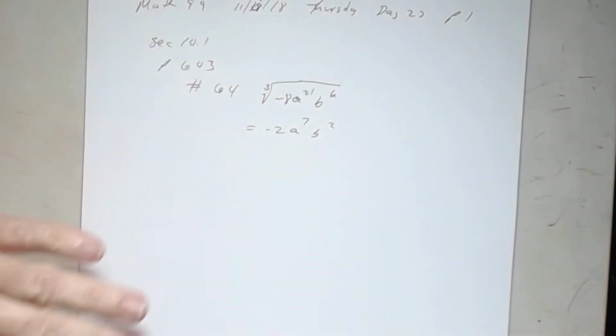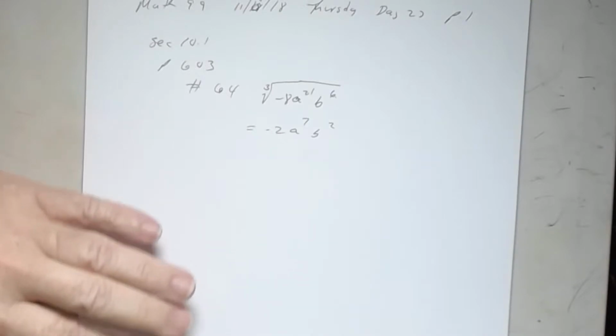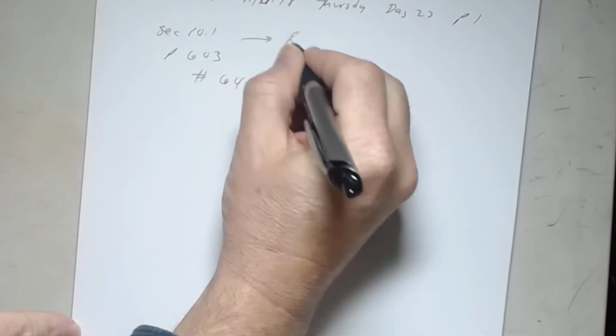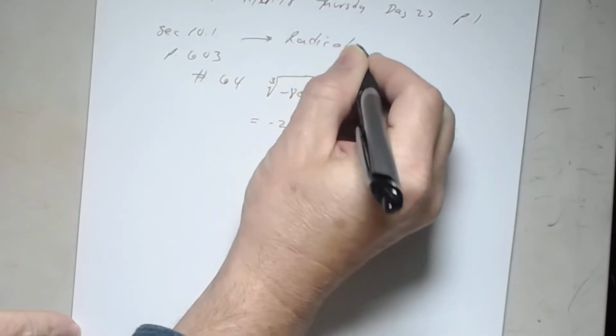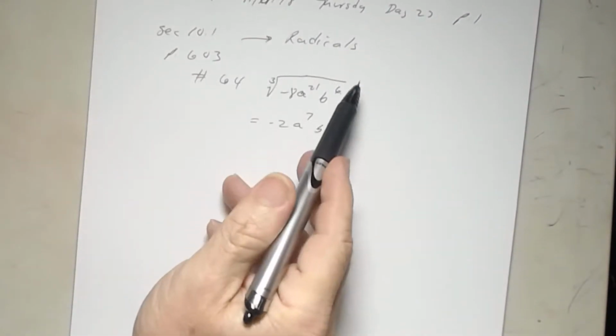Okay, so here's what we're about to look at. This is going to be section 10.2. Section 10.1 was called radicals. With radicals, you have this radical notation.